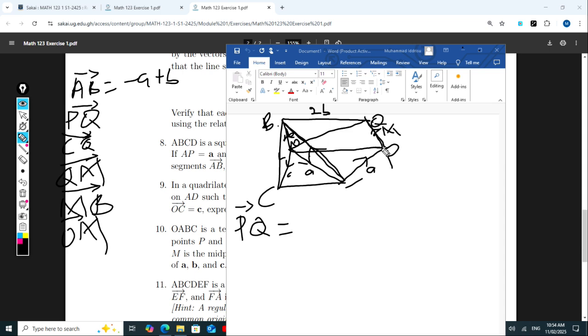Even though we can use the quadrilateral law of vectors to find it, let's do this. So using this triangle, PQ will be equal to PO plus OQ.